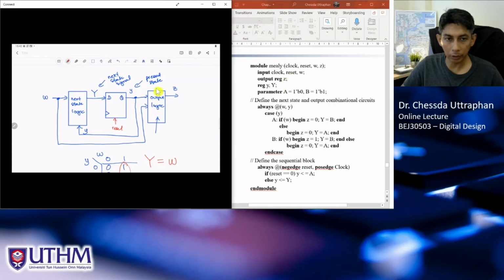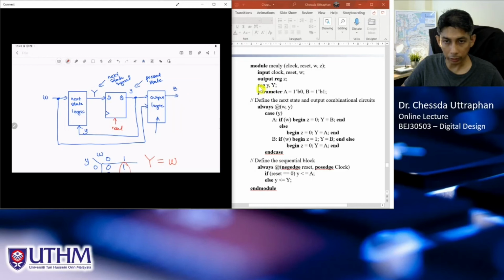And again, because Z, we will describe using behavioral modeling. So we need to define Z as reg as well, right? That's why we have output reg Z. And we have these two, described using behavioral modeling also.